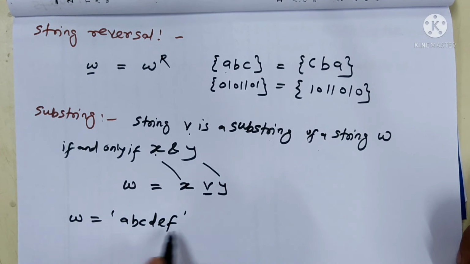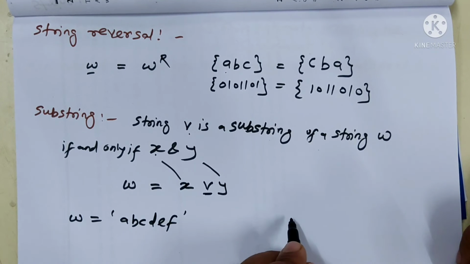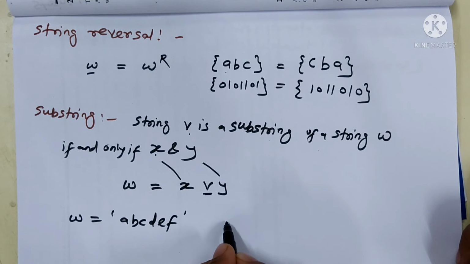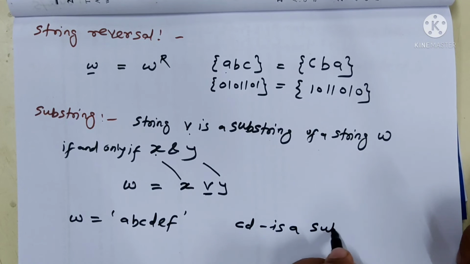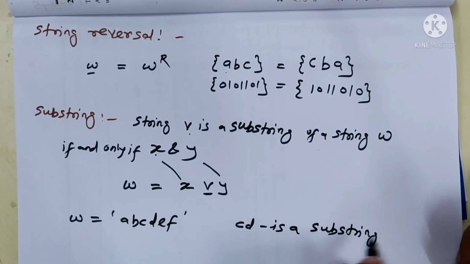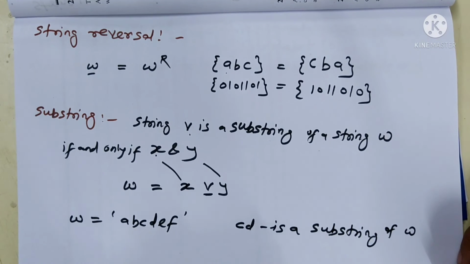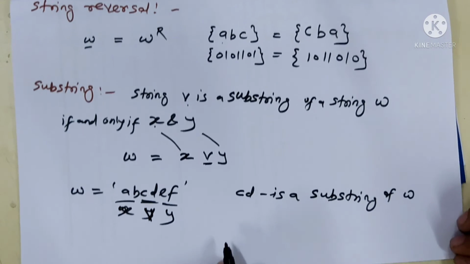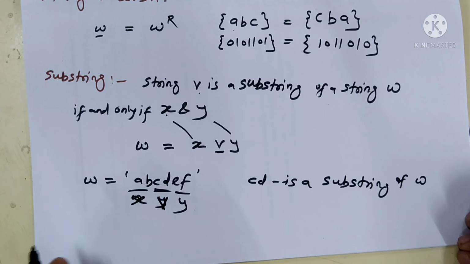In that example, suppose c d is a substring of w, because this is w, this is x, this is v, and this is y. This is x, this is v, and this is y, as we represent it.